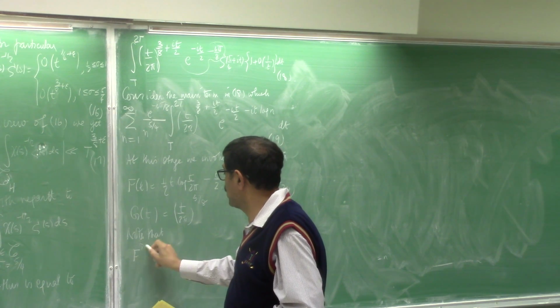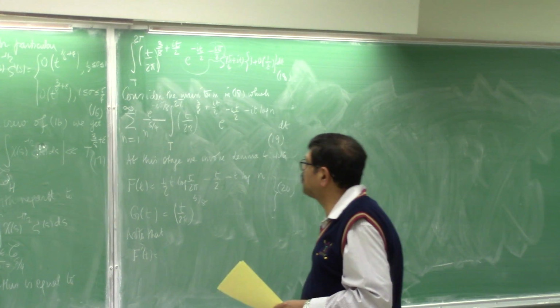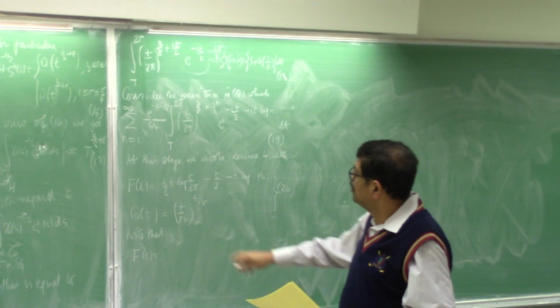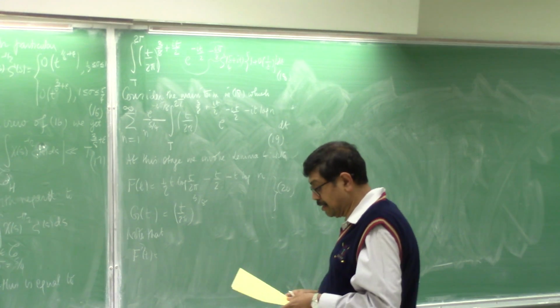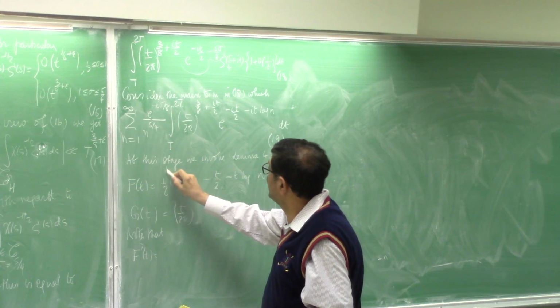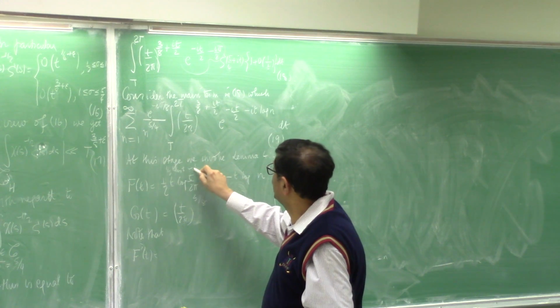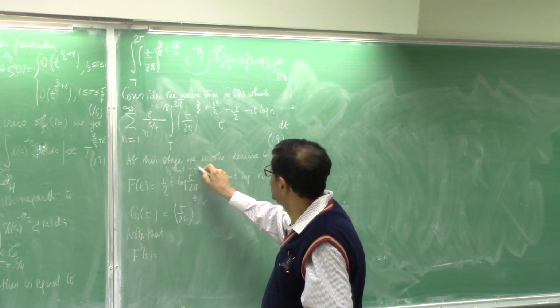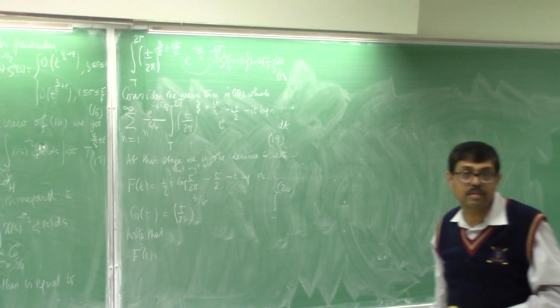Do f prime. I want to get f double prime. So what is f prime of this? Okay, so I understand what I did here. Okay. So this is 1/2 t log t minus 1/2 t log 2 pi. That's what I mean.